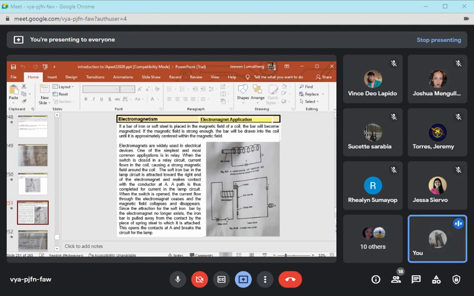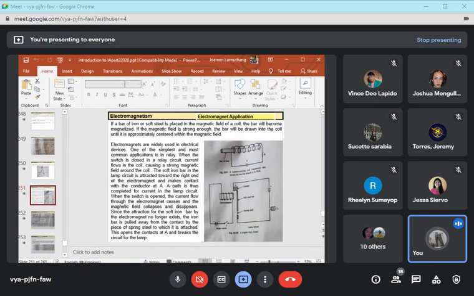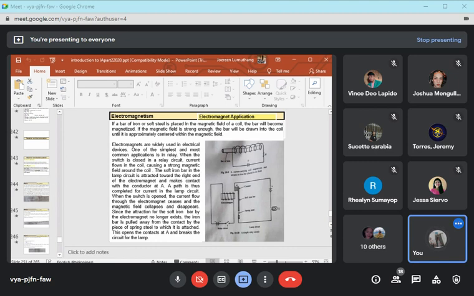Okay. So anyone who would like to share their insight with regards to this electromagnet application? Anyone, class?